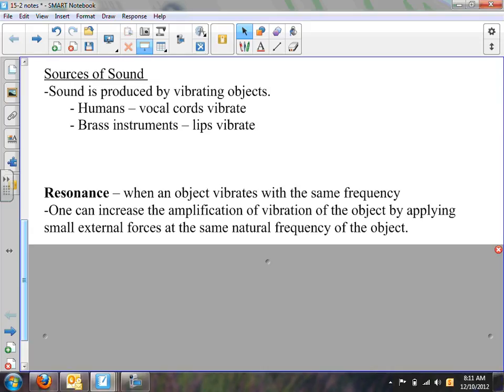Most pure substances have a natural frequency. And again, small little forces applied at the correct time, in line with the period, would cause the object to vibrate more and more and more.